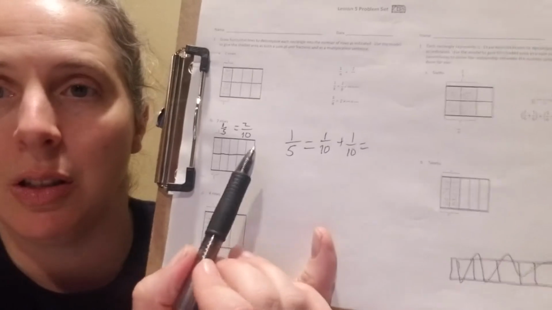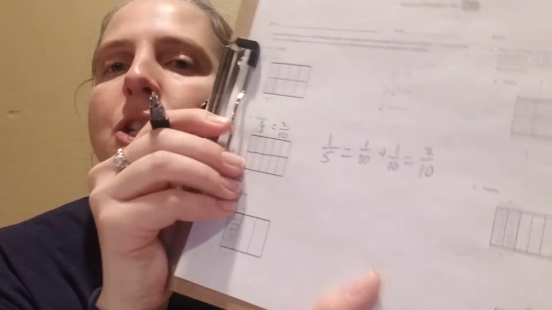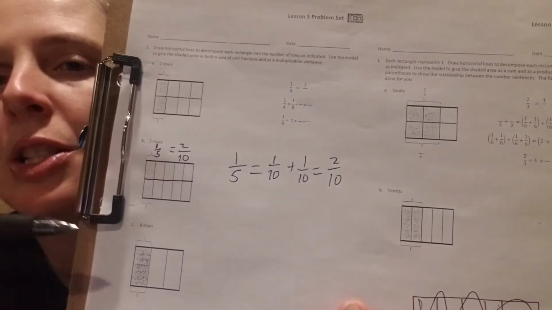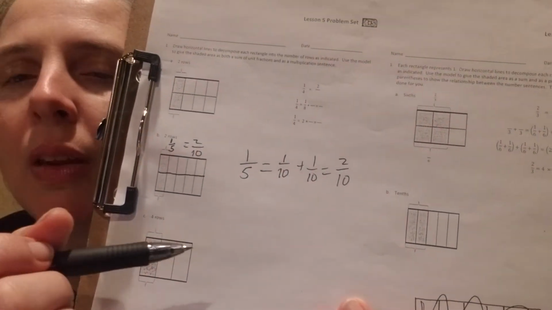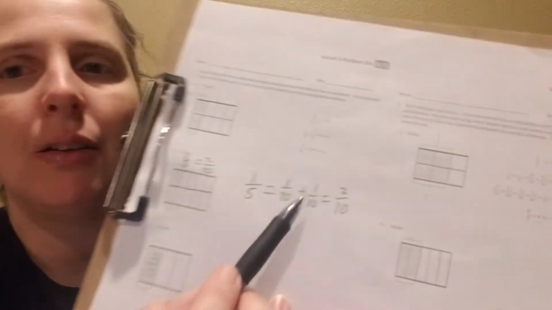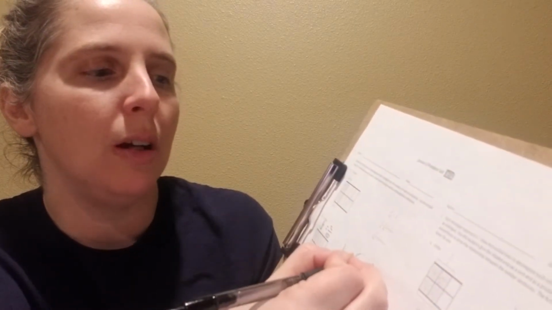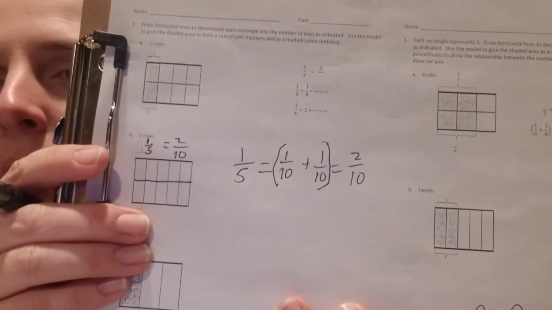Which also equals 2 tenths. And then I want to show you something that they're going to start asking you to do. They're going to say, use the parentheses. Well, that just means right here, 1/10 plus 1/10, I'm putting that together to show, hey, do that together.